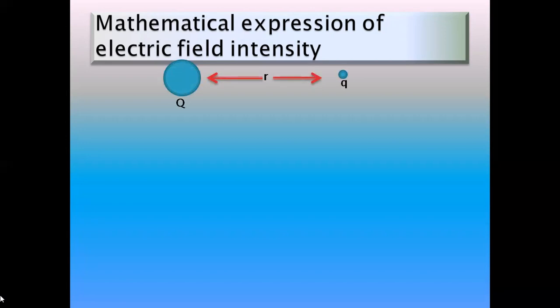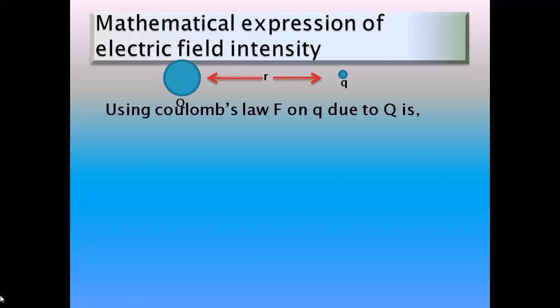Consider a test charge small q at a distance small r from a source charge capital Q. Then, using Coulomb's law, we can write the equation for the electrostatic force acting between these two charges.